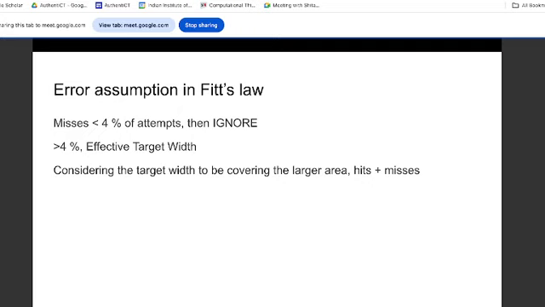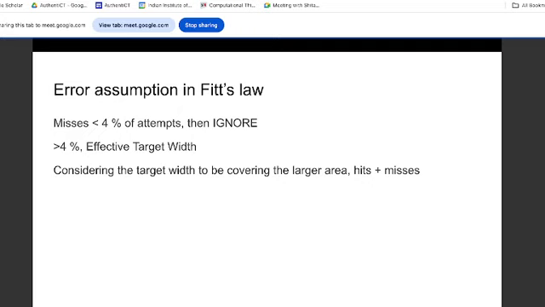Error assumption in Fitts' law. Say within 20 attempts that a person performed the same task, if they are performing it erroneously for 4% of the time or below, we can ignore that they have made an error. We can say that there was no error, they can perform with this efficiency.